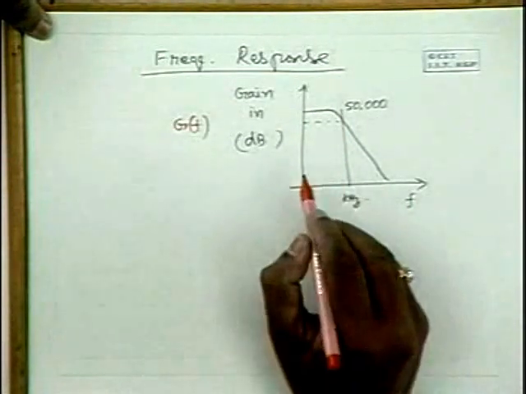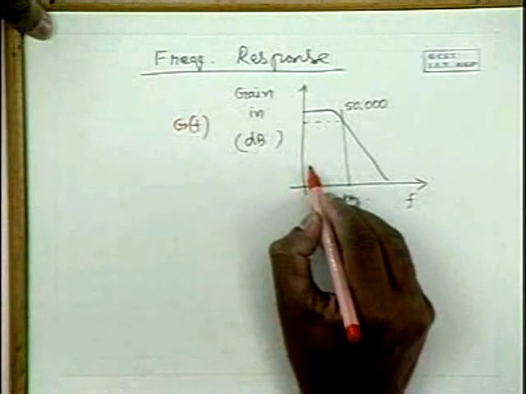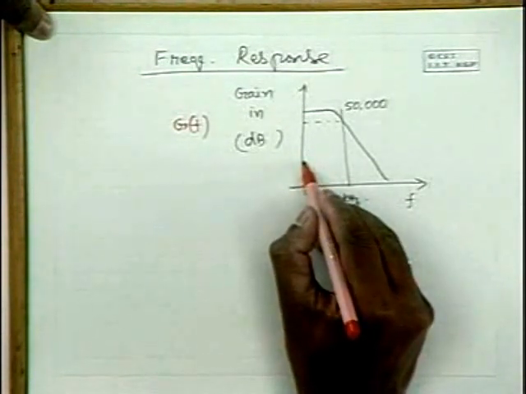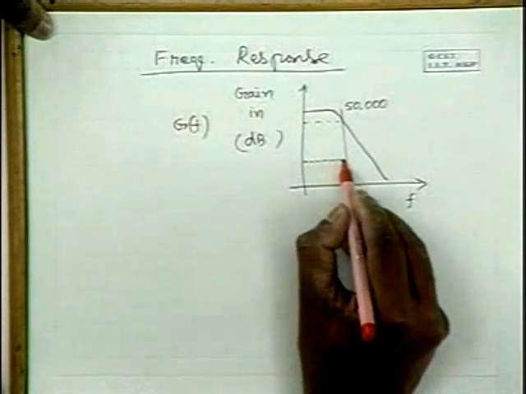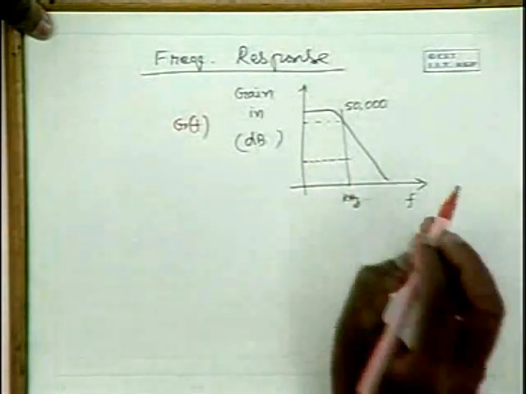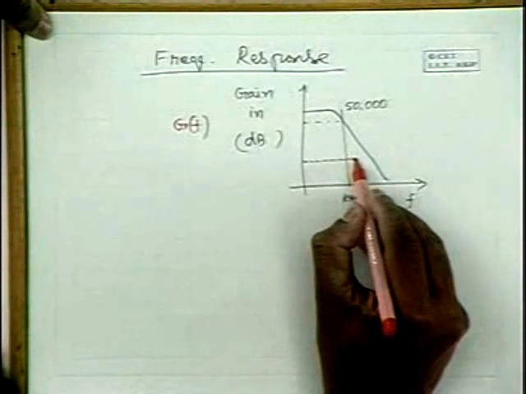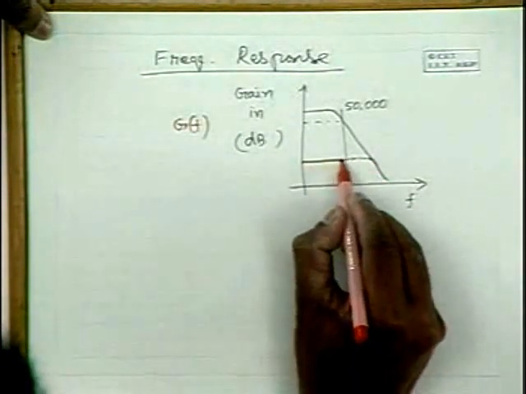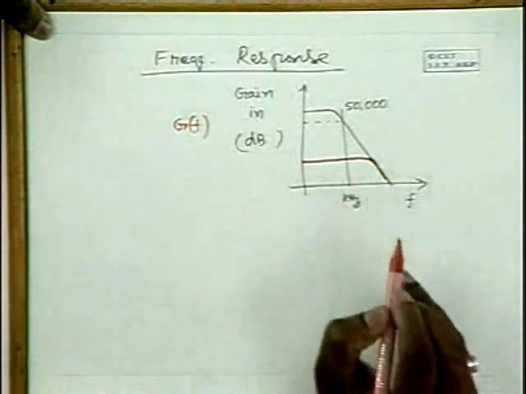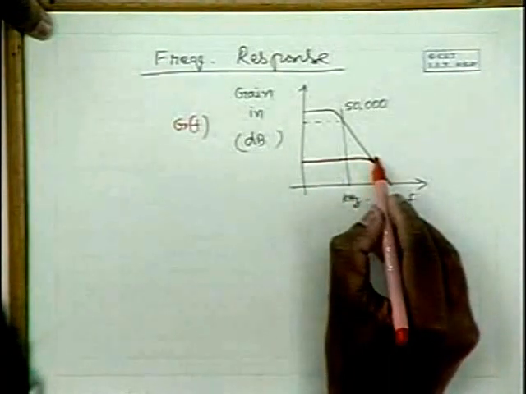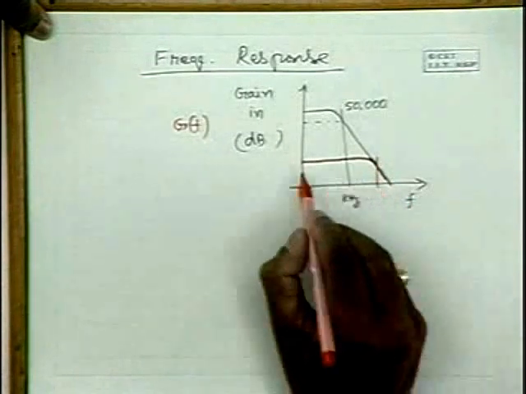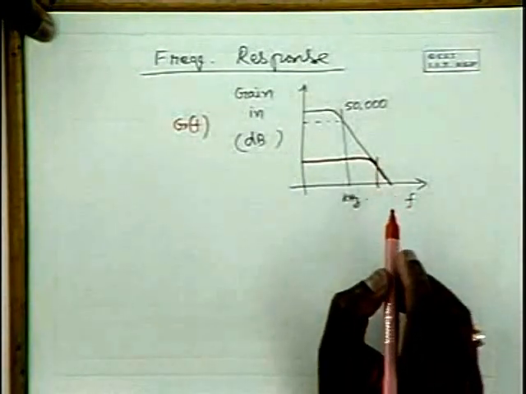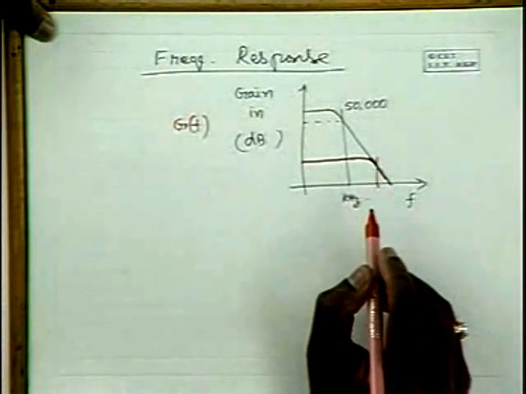Now, through a feedback arrangement, we may use it as an amplifier with gain equal to say minus 100 of that order. In which case the frequency response of the amplifier may be like this. So the cutoff frequency of the amplifier goes up by the factor 1 plus A beta.